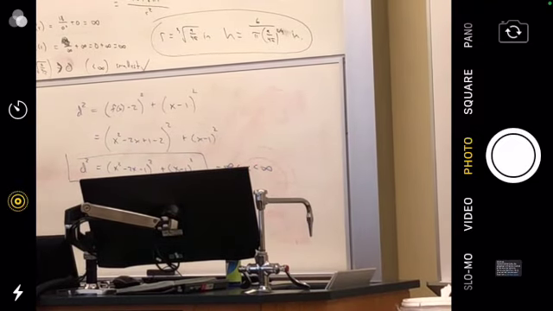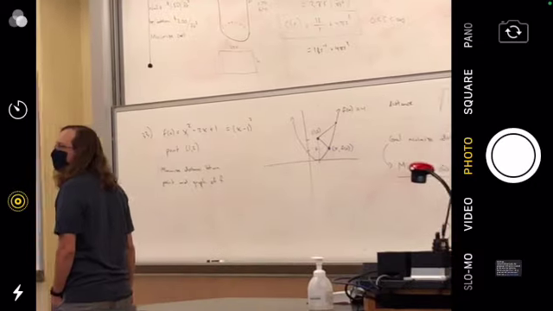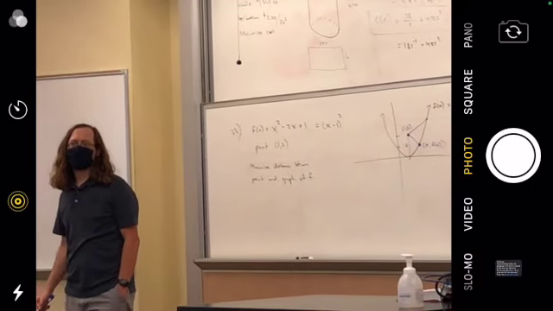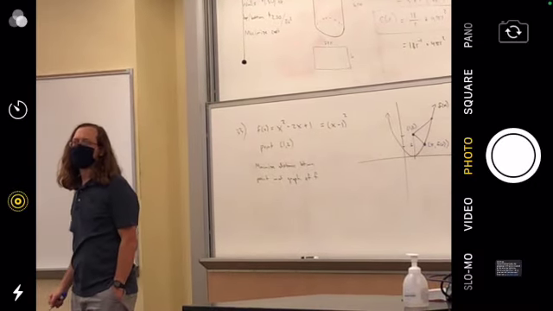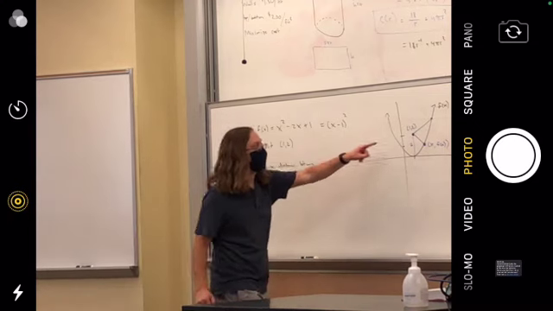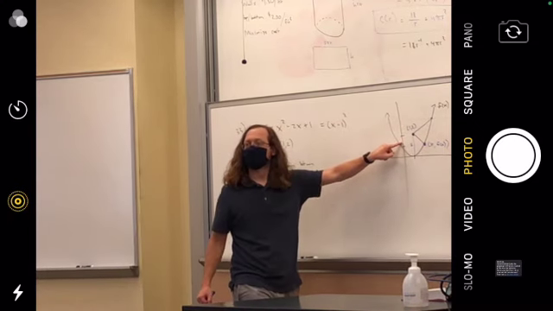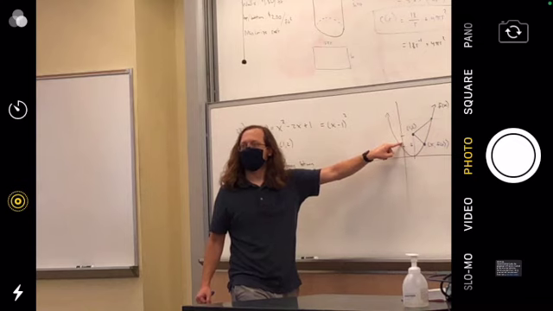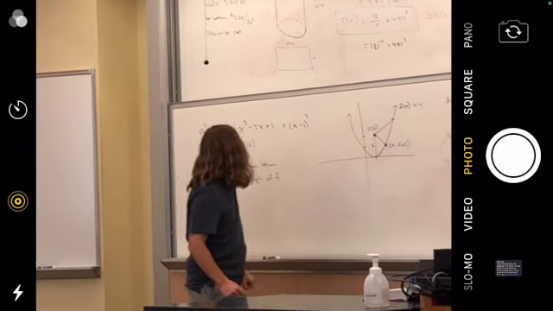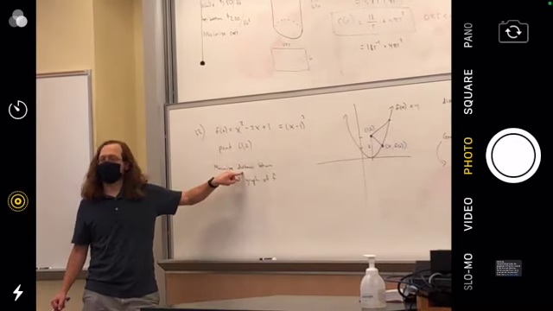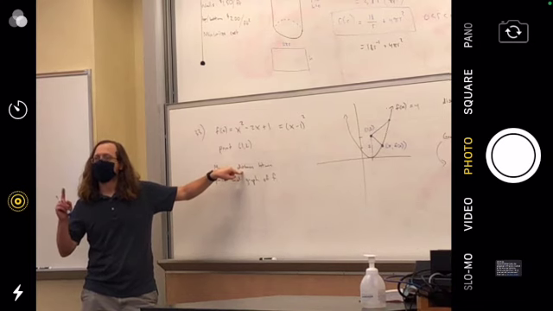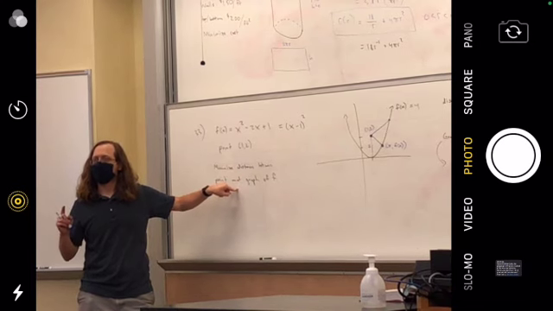How many answers am I going to get? 2. There will be 2 x coordinates that work, because whatever this one is, it's the same as this distance. I can't remember how the question is worded. If it says what is the minimum distance, that's one answer, right? But it might happen at 2 different numbers.